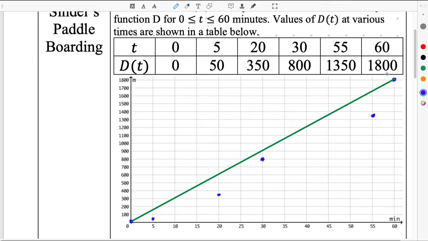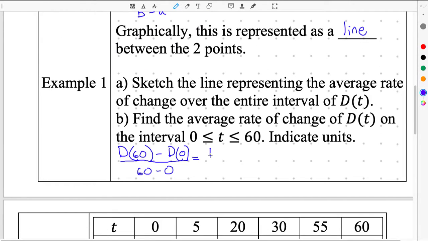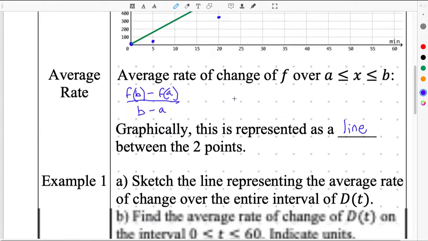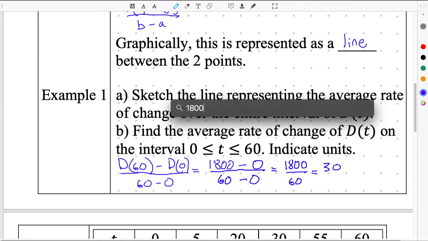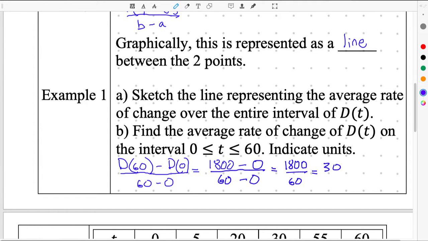Well, when I plug in 60, I get 1800. So this is going to be 1800 minus, and then when I plug in 0, I get 0. So 1800 minus 0, and the denominator stays the same, which is just 60 minus 0, and that of course is 1800 divided by 60, which is equal to, I believe, 30. Let me just double check that. 1800 divided by 60 is indeed 30.